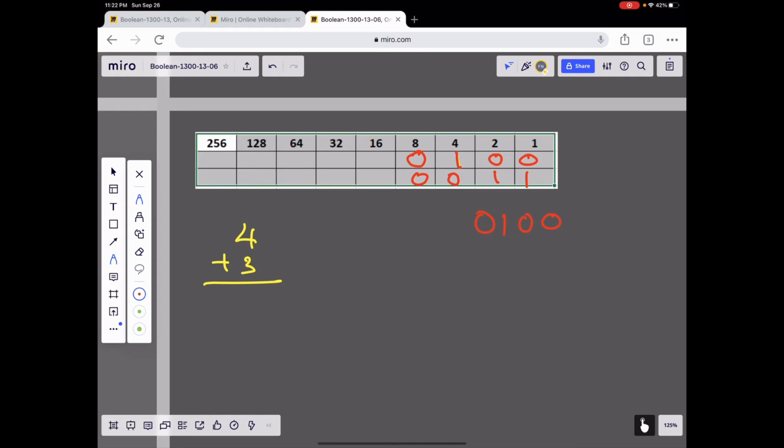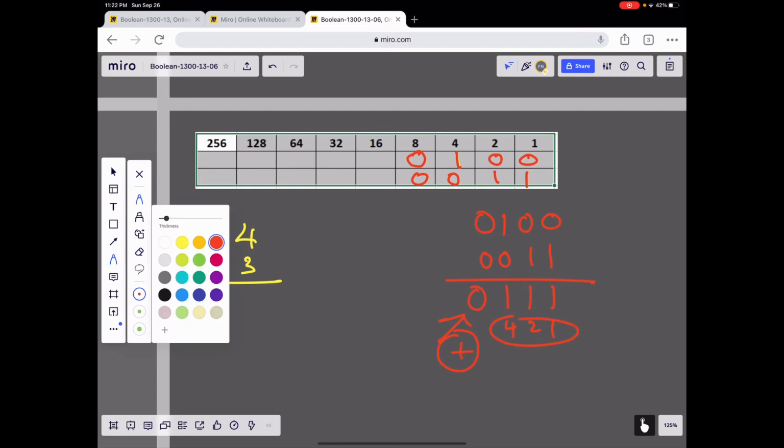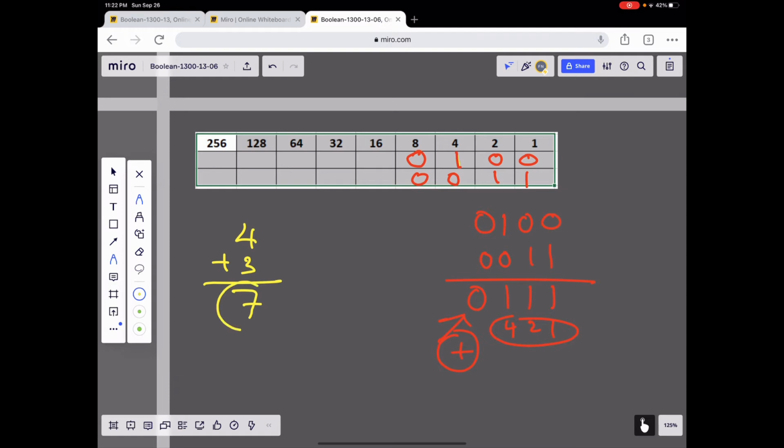So add with 0, 0, 1, 1, and you add together equal 1, 1, 1, 0. So 0 is a positive number, so that's good. And then here you got 4, 2, 1, make it 7. So that's correct. 7 is correct.